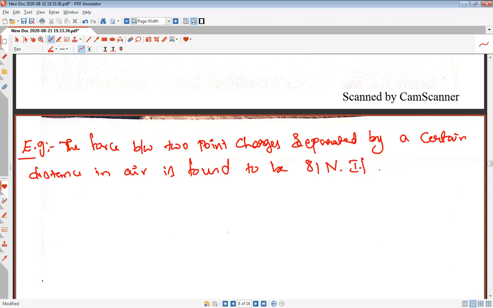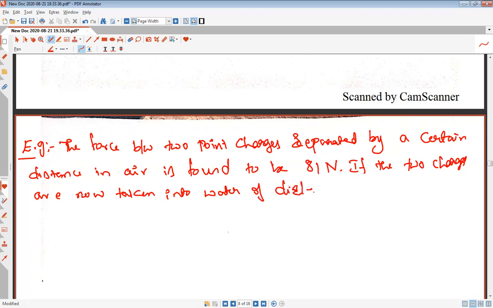If the two charges are now taken into water of dielectric constant, the two charges are now taken into water of dielectric constant.